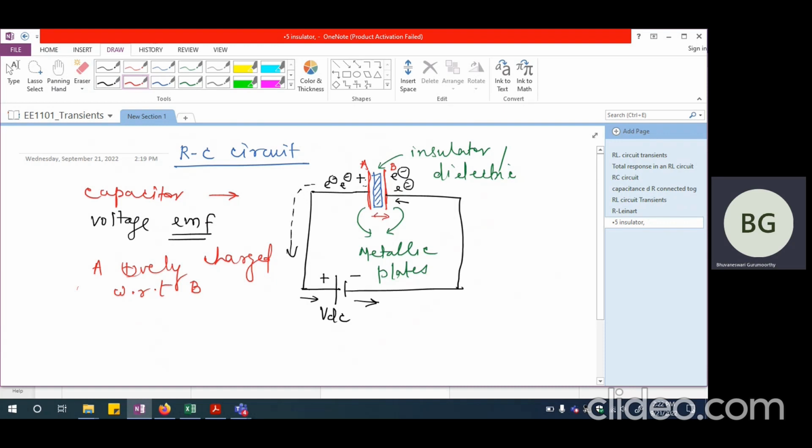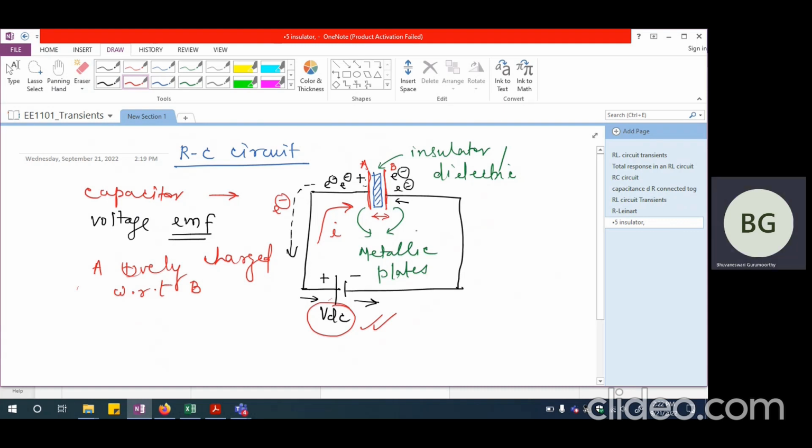And when this potential difference becomes the same as that of VDC, then there will be no more current. So the current is flowing in this direction, whereas electrons are flowing in the opposite direction. So the current will flow until the potential difference achieved by this capacitor is equal to the voltage of the battery.